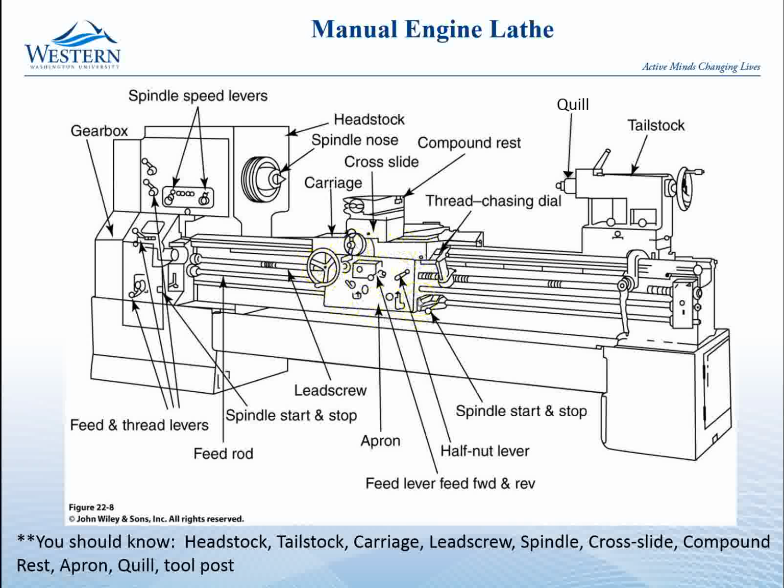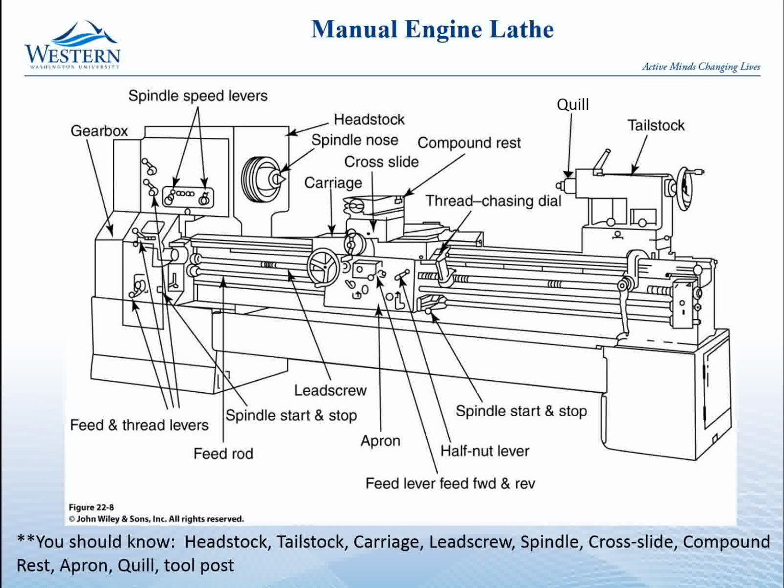Sitting on top of the carriage is the cross slide, so that moves in and out in what we call X usually. And then there is often a compound rest mounted on top, and that compound rest can be set at any angle. It allows us to do angled cuts more easily than having to try to operate the carriage and the cross slide at the same time, which is pretty hard to do.